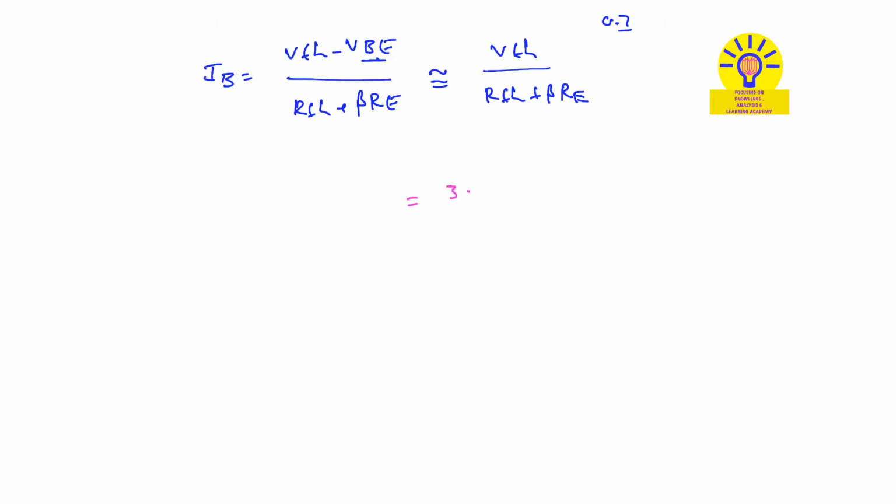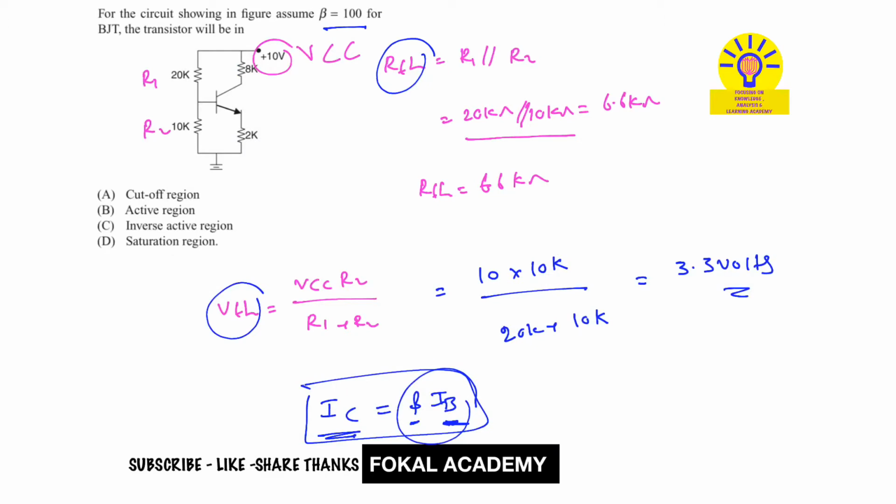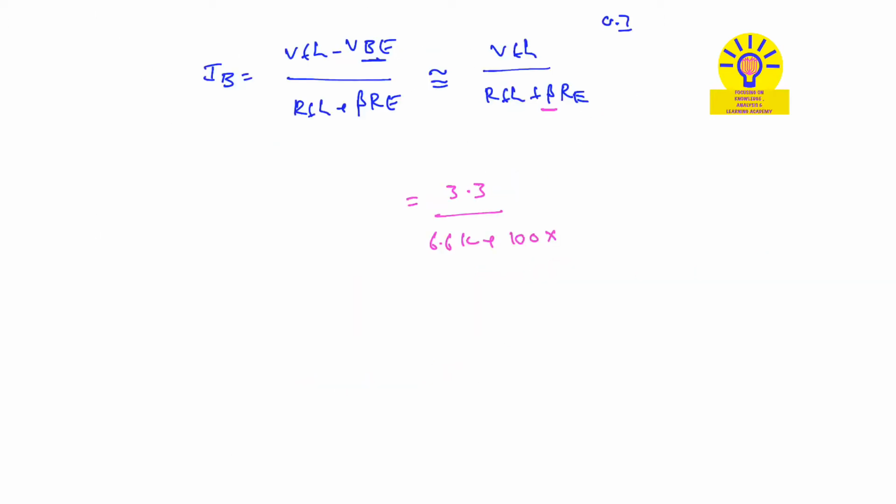So VTH is 3.3 and RTH is 6.6 kilo ohms plus 100, beta is given as 100, into RE, 2 kilo ohms. After simplifying using a calculator, we get 0.0159 milliamperes. So this is the base current value, the IB value.